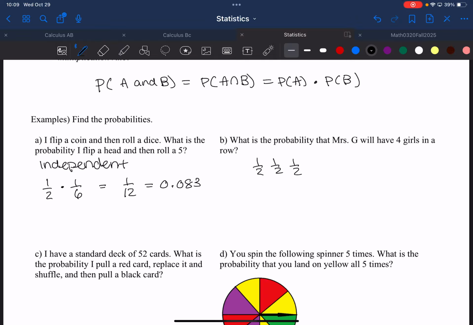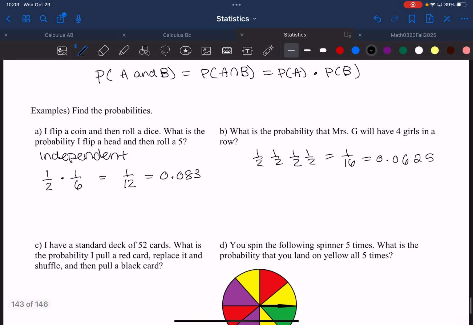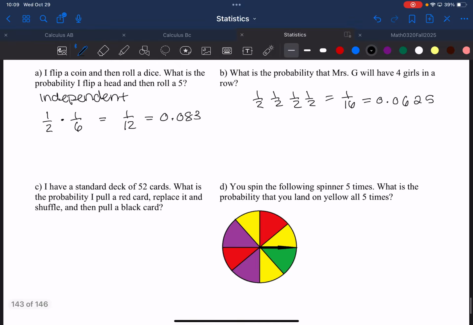The fourth one? 1/2. So we're going to multiply these all together. So 1/2 times 1/2 times 1/2 times 1/2 is 1/16, which is approximately 0.0625. So about a 6% chance of having 4 girls in a row. Okay.